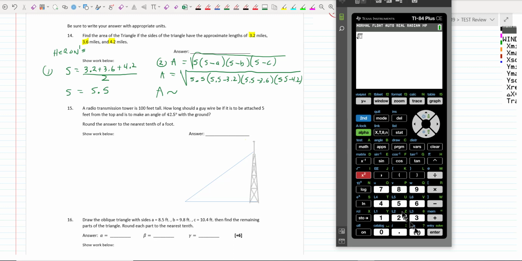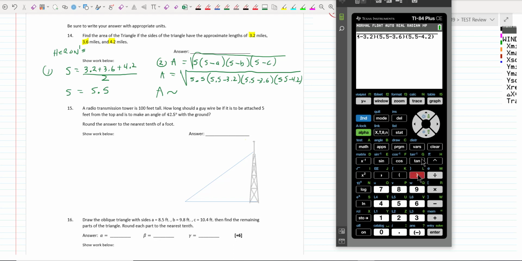Square root like that, and just put it in exactly like this: 5.5, parentheses, 5.5 minus 3.2, close parentheses, then 5.5 minus 3.6, and then finally 5.5 minus 4.2.